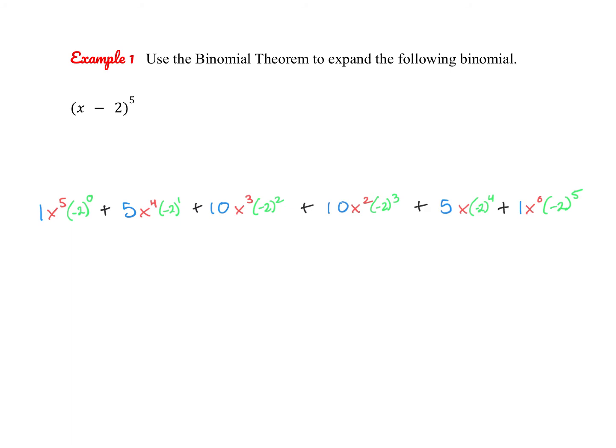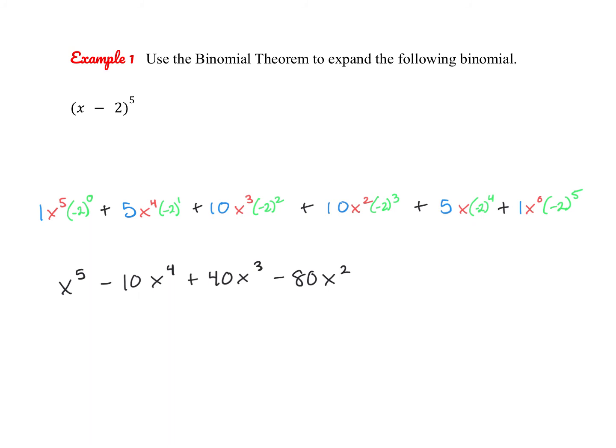Then the last thing we need to do is simplify. So here we have 1x to the 5th times -2 to the power of 0. That's just x to the 5th. But here we have 5 times -2, so this term actually becomes -10x to the 4th. And then this next term, we have 10 times +4, so we have 40x cubed. And then here we have 10 times -8, so -80x squared.